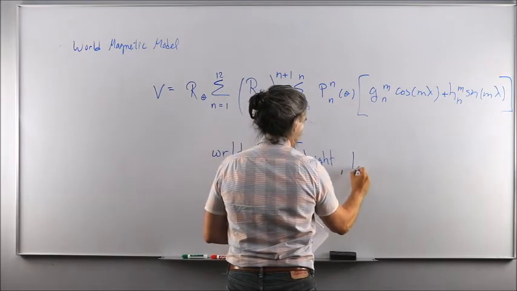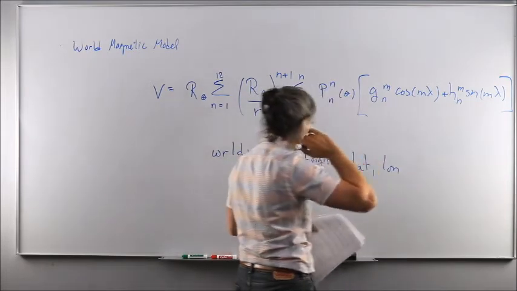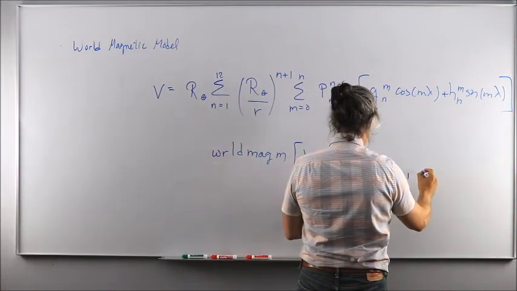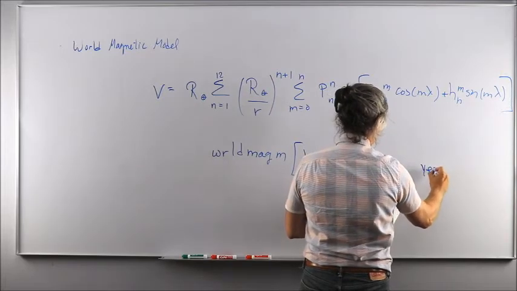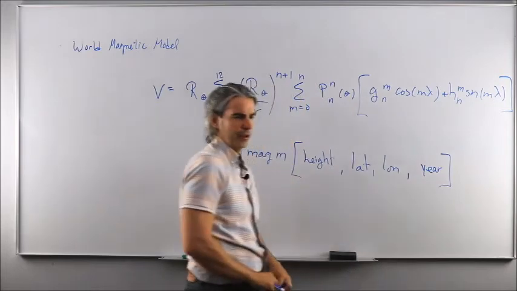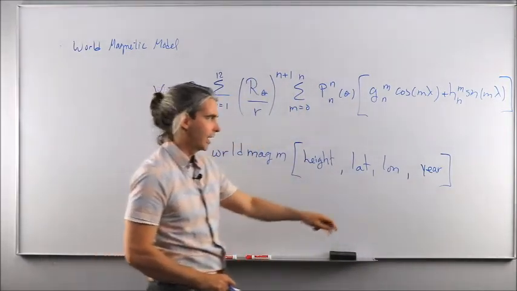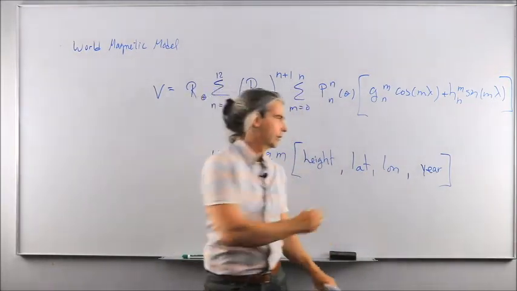Then you need to provide the latitude, the longitude of the spacecraft, and then finally the year. I don't know off the top of my head, but if you type help, this function, MATLAB will tell you exactly how to provide the year in terms of its decimal year, by the way.